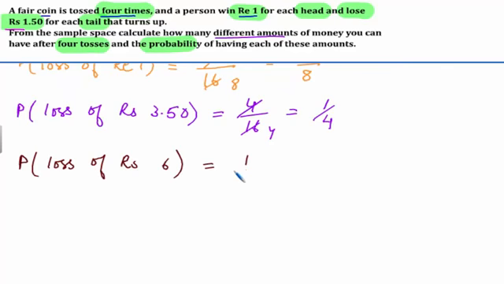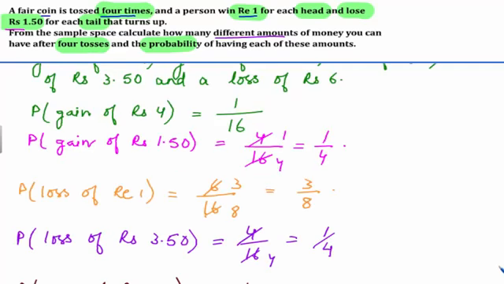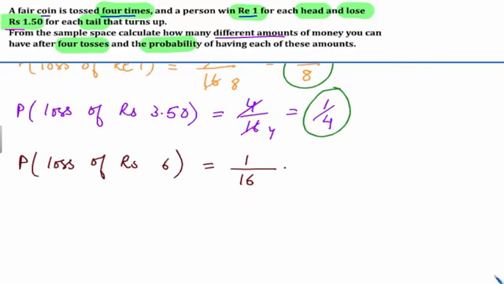So we have 1 and the total number of outcomes are 16. So we have 1 upon 16. So these are the required probabilities of the gain and loss suffered by the person. So this completes the solution.